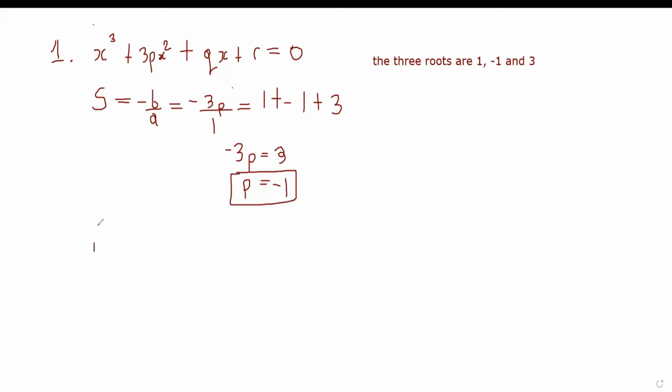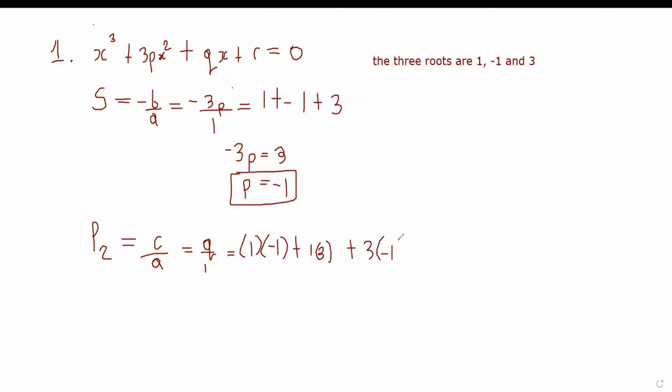The next thing we can do now is the product of the roots taken two at a time. The sum of the products of the roots in pairs is c over a, and that is equal to q over 1. That is 1 times -1 plus 1 times 3 plus 3 times -1.